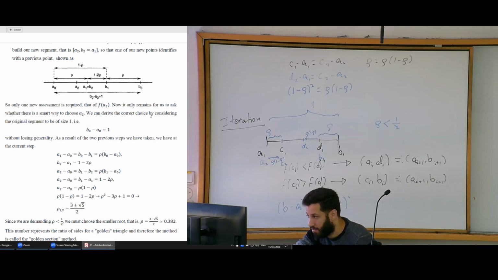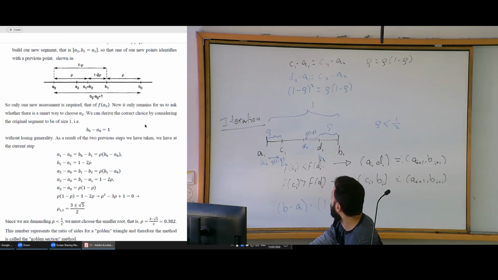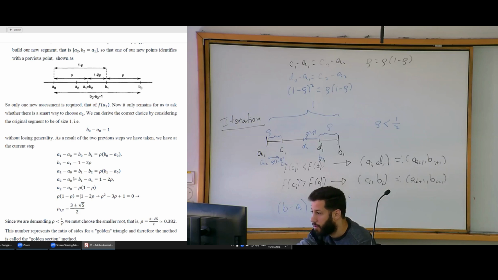These do not appear to be the same equations. Here we have 1 minus 2. We don't have that on the board. In the recitation papers, we have an equation A2 minus A0 equals 1 minus 2 rho. Where did we get this? And here they call the A2 what I called the C2.